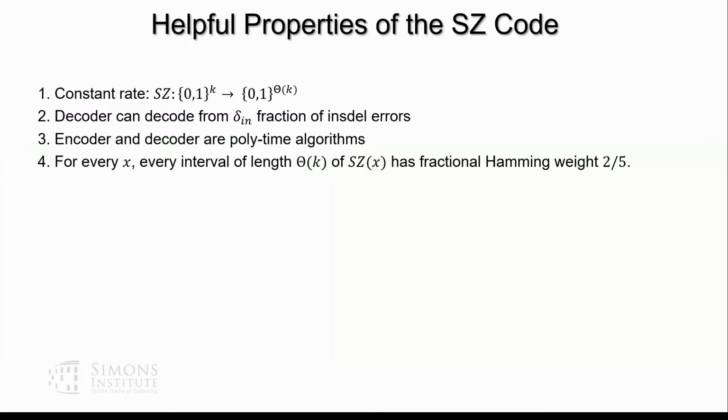But also there is this fourth property, which essentially says that for every interval of length k, there are many ones in the encoding, so the weight is large. So we have fractional Hamming weight at least 2/5.